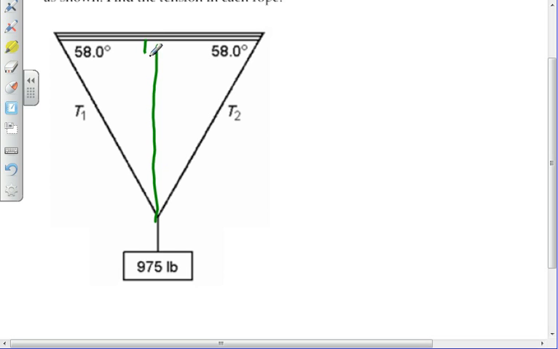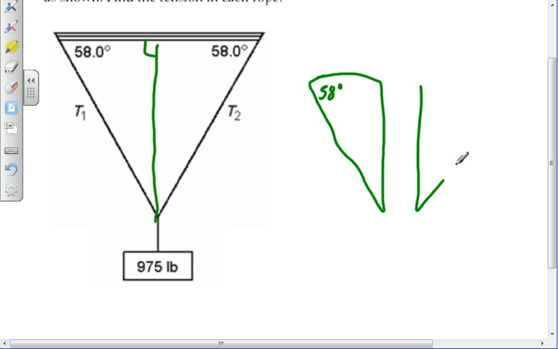I'm gonna say I'm at a right angle, and then I'm gonna say, you know, I got something like this. This is 58 degrees, and then I got another one over there. Same thing, 58 degrees over here. Okay, half of that weight is going to be on this side of the green line. The other half is going to be on the other side. Now, both of those are just the y components of T1 and T2. But half's going to be carried by T1, half's going to be carried by T2.